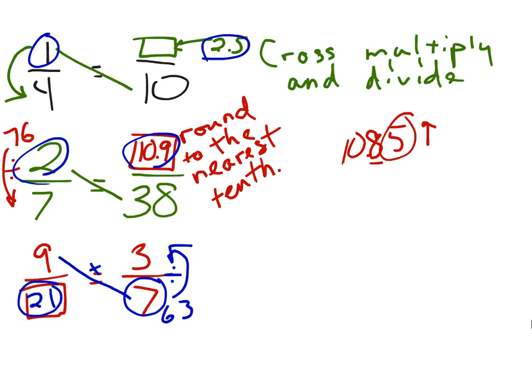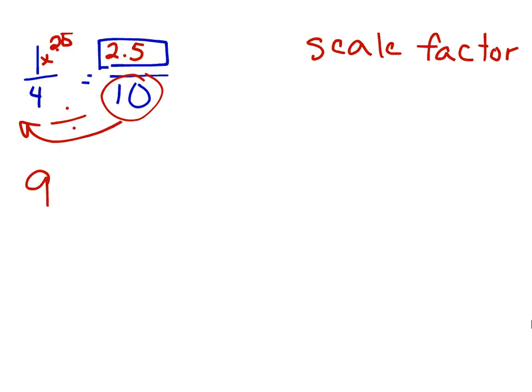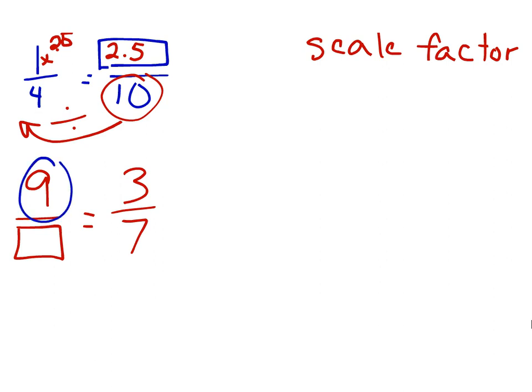Let's look at this. 9 over blank equals 3/7. What I'm going to do is, again, I'm going to take the number above or below that blank. I'm going to divide it by the corresponding number. So 9 divided by 3.